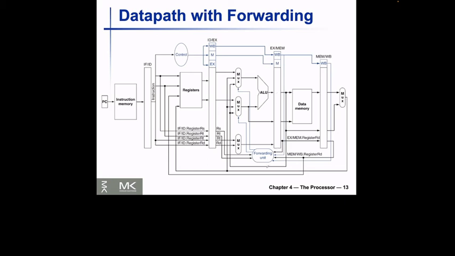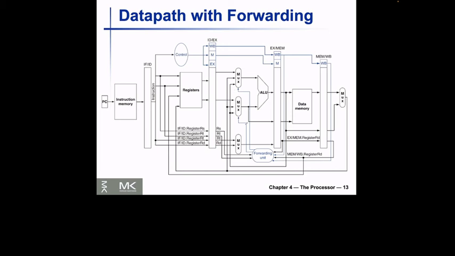So if this forwarding unit finds that RT equals the RD of the previous instruction, then this input will be passed here.